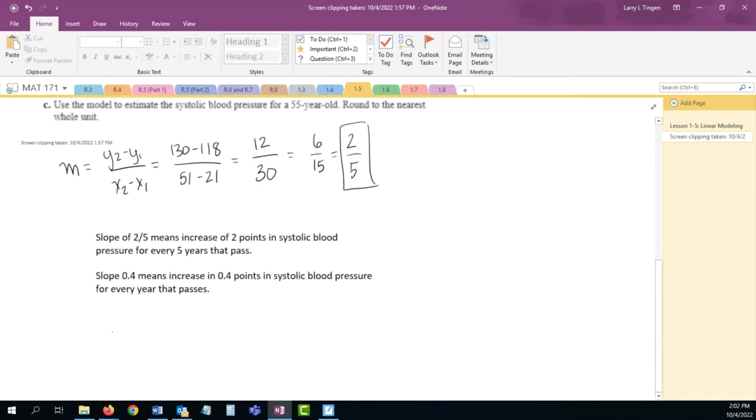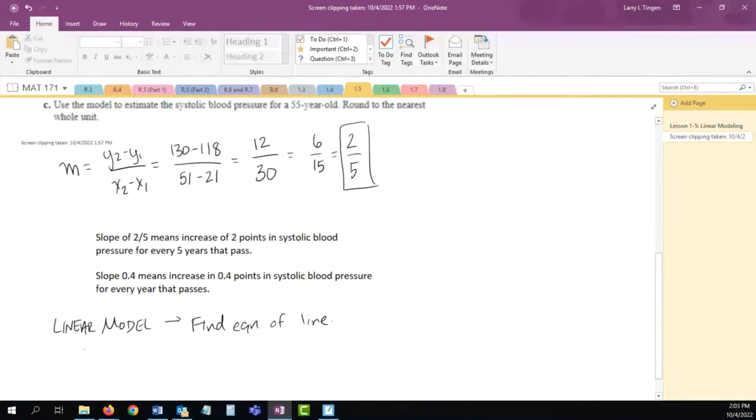Well, I don't have a linear model yet. And it sounds so scientific. It's like, oh, we're going to bring out slide rules and protractors. Linear model means find the equation of the line that they gave us.